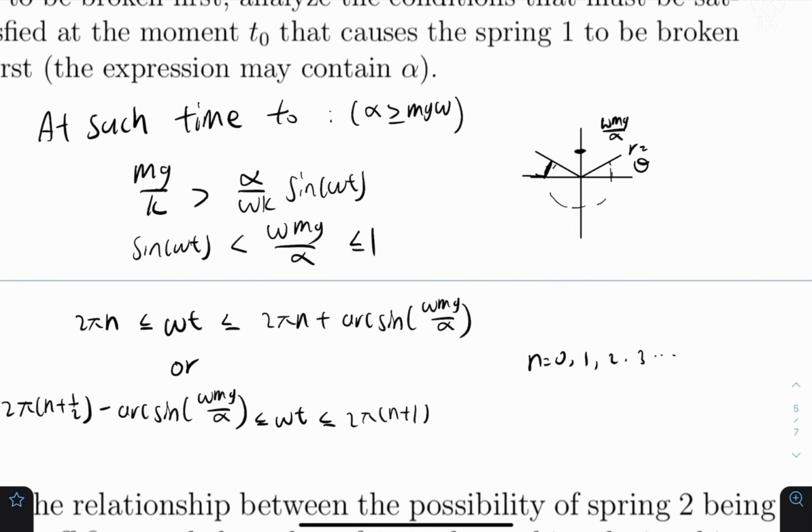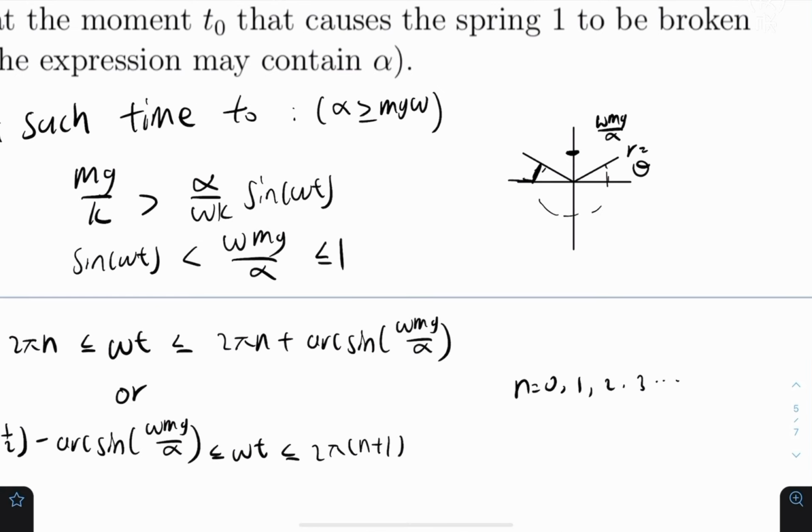So for this problem, because we want this sine ωt to be less than this, and where we plot out where y is equal to ωmg divided by α, we're only interested in the parts where the angle is basically between this part, and we're trying to figure out what the angle is.